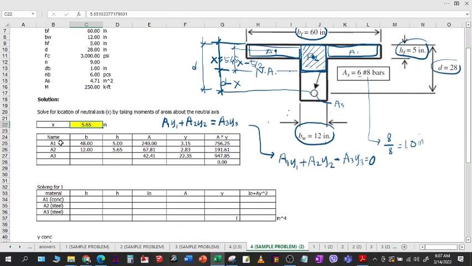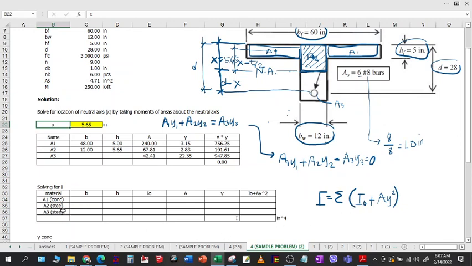After solving for X, we can now solve for I. And I is the summation of IO plus AY squared of the individual areas.